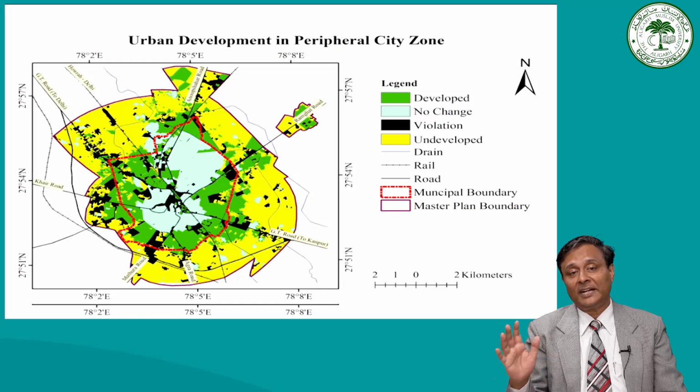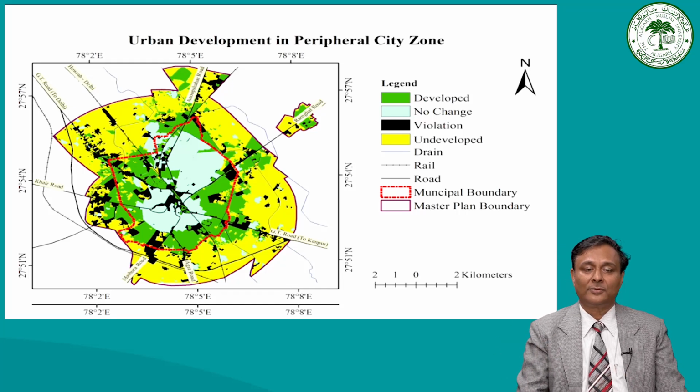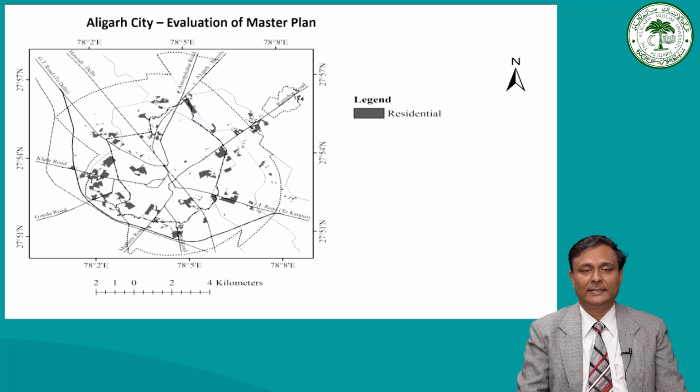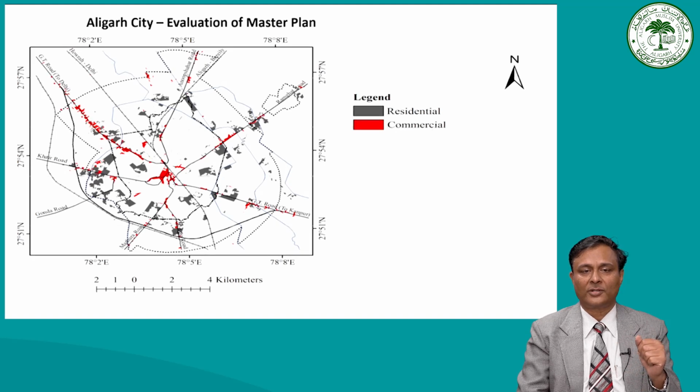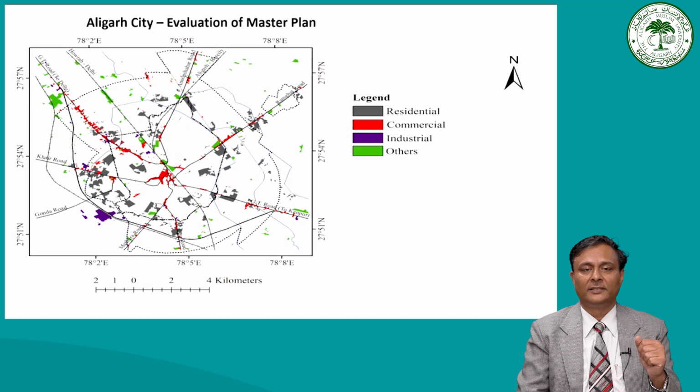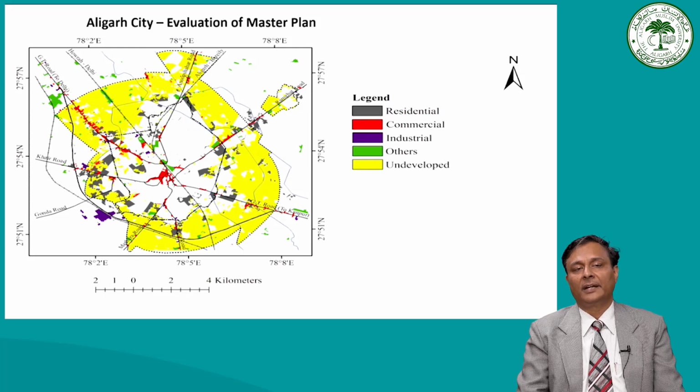This much remained undeveloped. That's another important issue. And then these are specific violations by specific land use class. For example, this is residential, this is commercial, this is industrial, this is other land use classes which have resulted in violation, and this remained undeveloped. So that is the evaluation of the master plan.